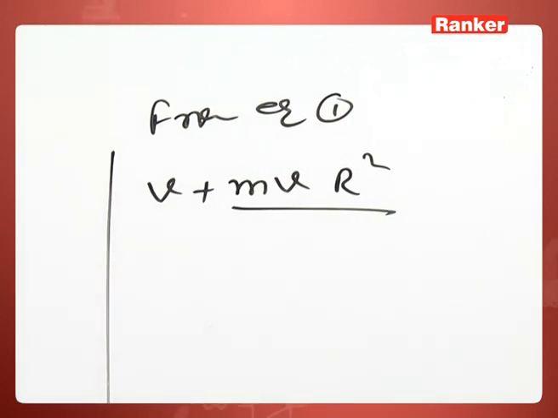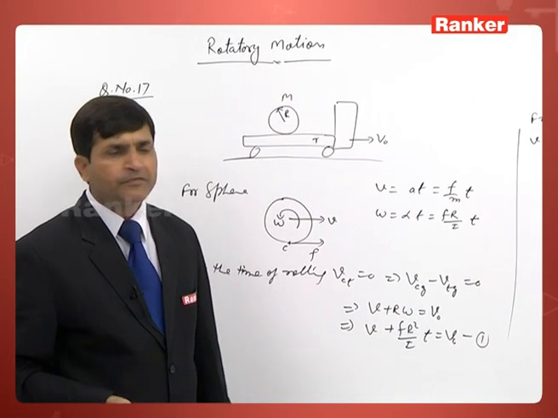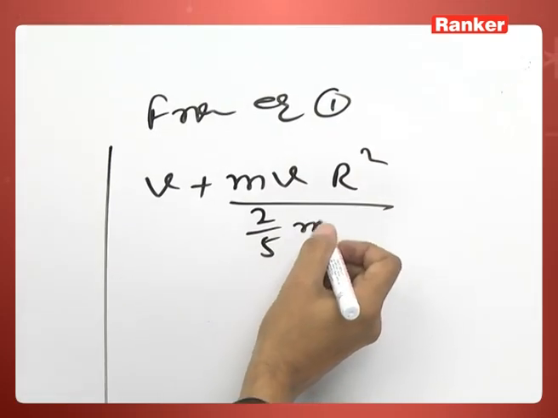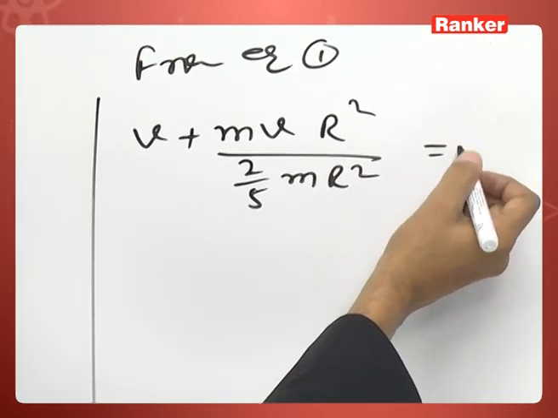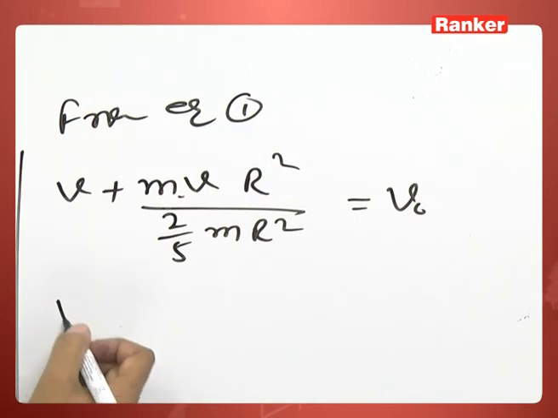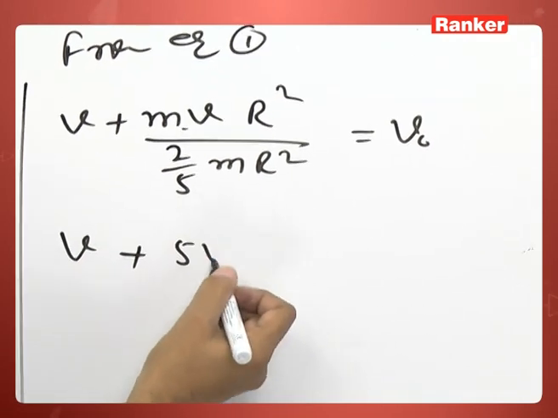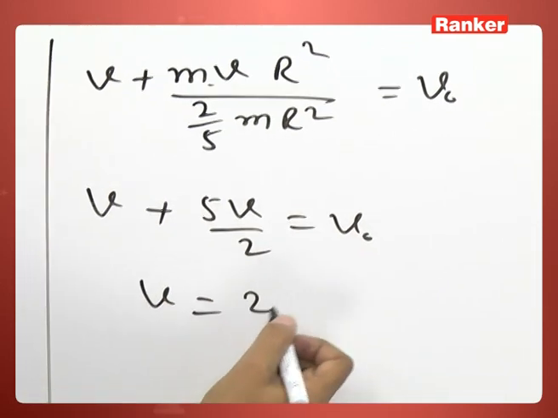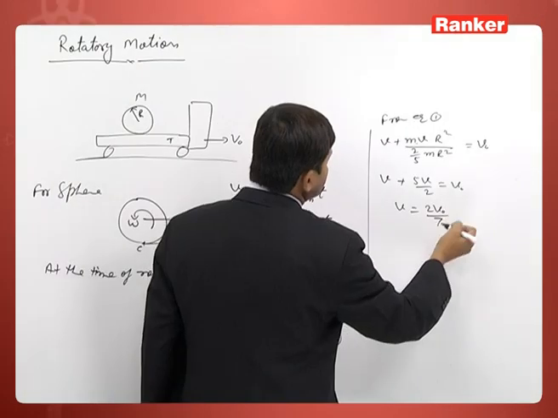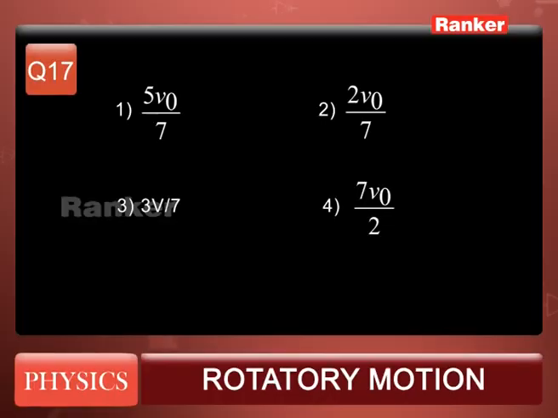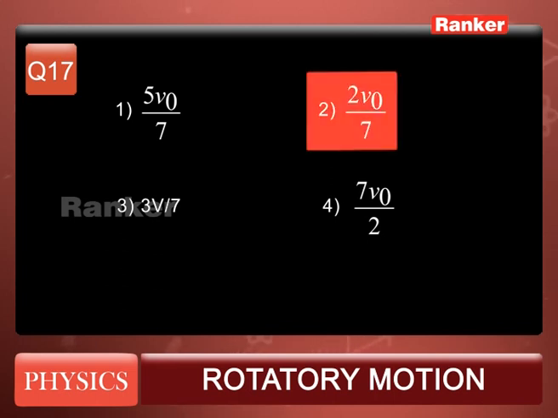This is a solid sphere, so I will be 2 by 5 m r square, which is equal to V naught. So m r square cancels. v plus 5v by 2 is V naught. v is equal to 2 V naught by 7. So this is the correct option, option number 2 is the correct answer.